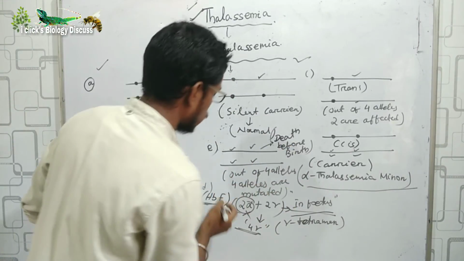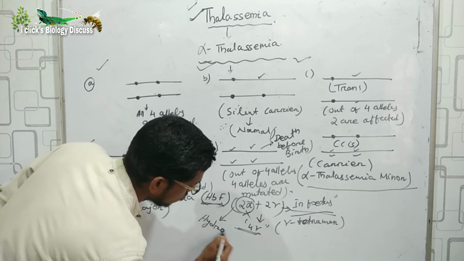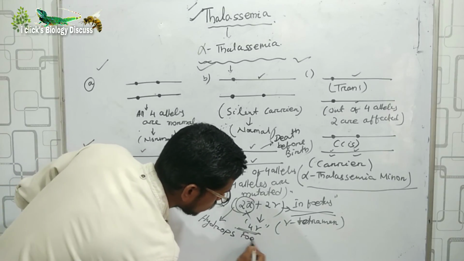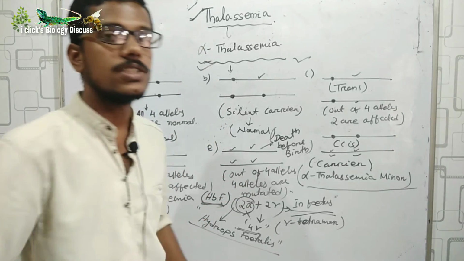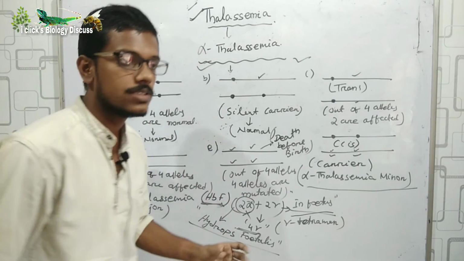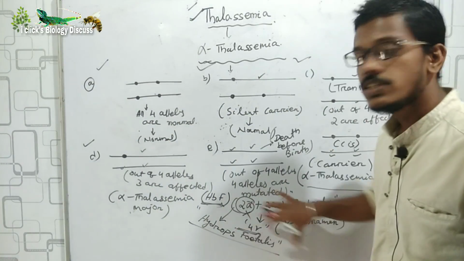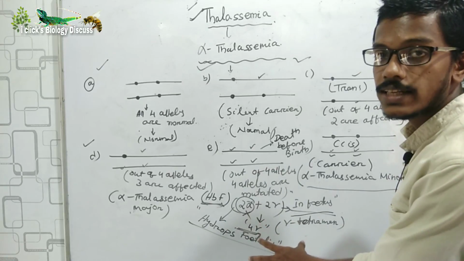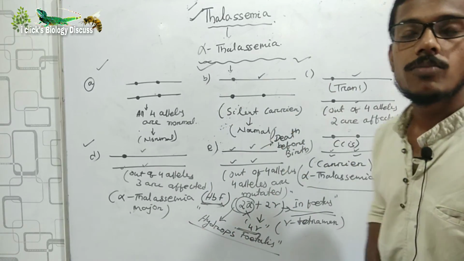And this is called what? This is called hydrops fatalis. That is the death before birth due to disorder in the alpha globin chain synthesis. So this is all about thalassemia.